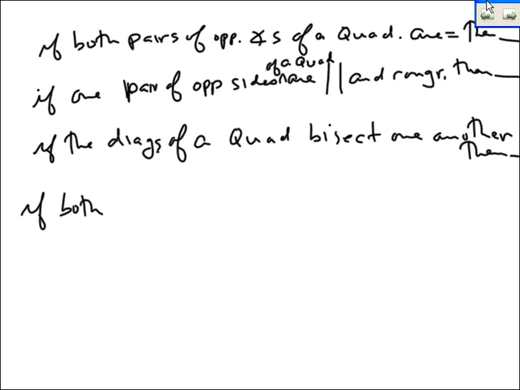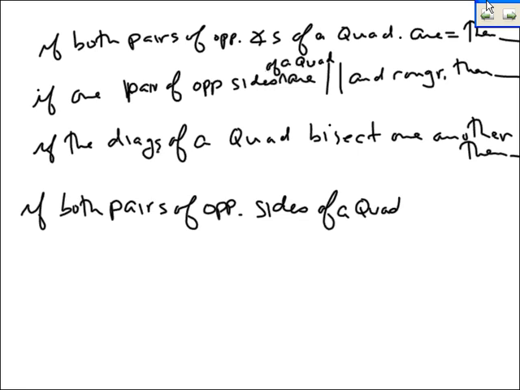Similar to the first one, if both pairs of opposite sides of a quadrilateral are congruent, then the quadrilateral is a parallelogram.